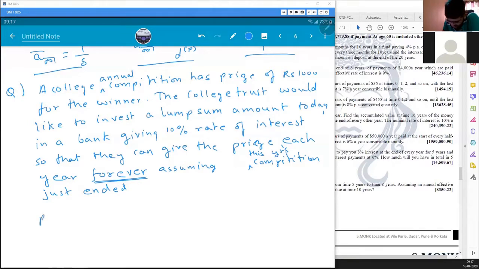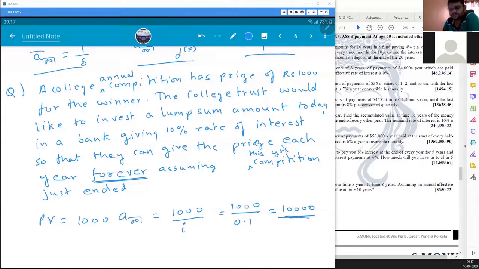So our present value, how much should I invest today so that I will be able to give 1000 each year forever? This becomes 1000 divided by i. i is 10%, so 1000 over 0.1 is nothing but 10,000 rupees.